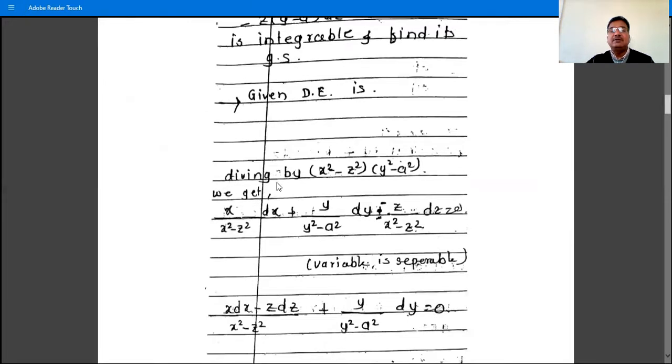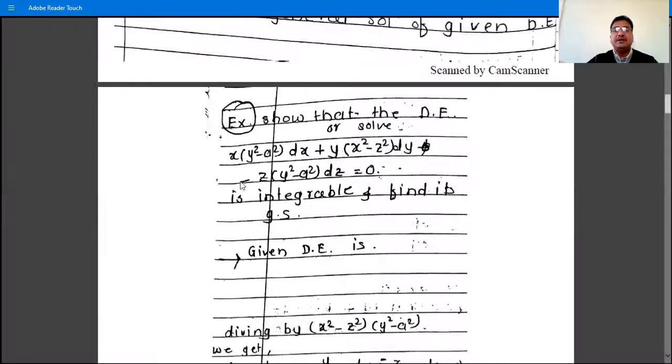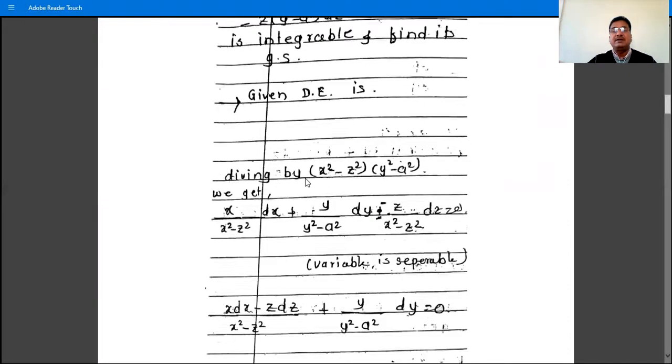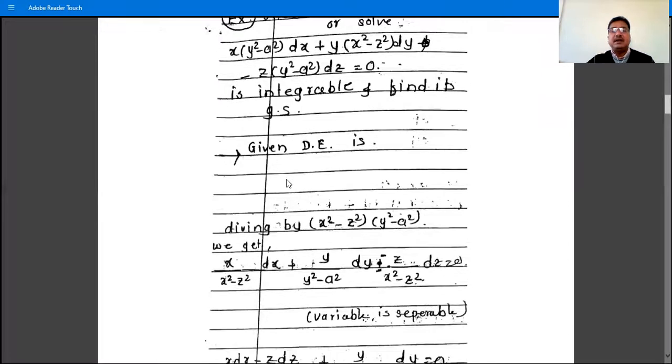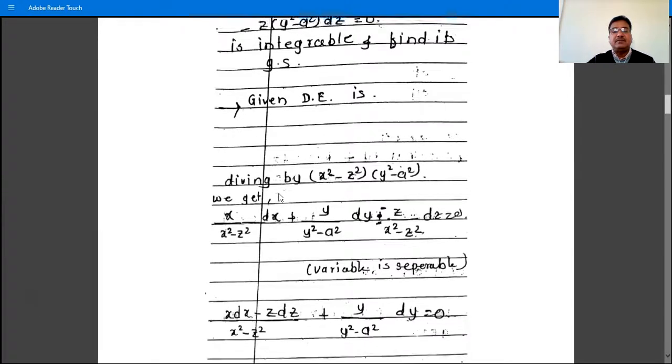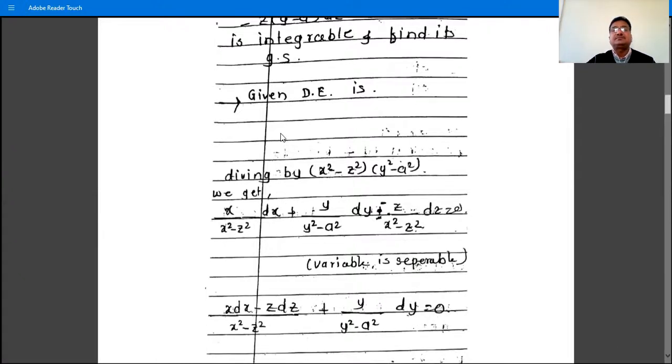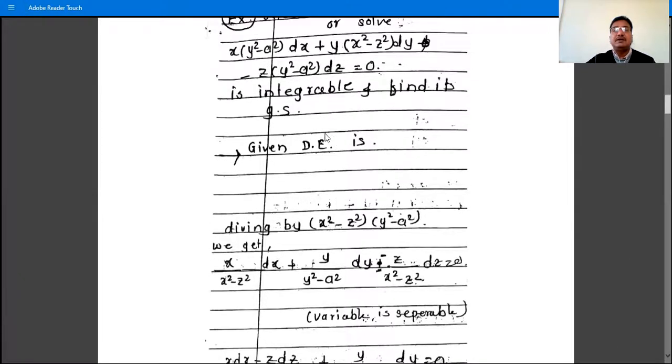So the given differential equation is a Pfaffian differential equation. Comparing with the differential equation P dx plus Q dy plus R dz, write X bar as Pi plus Qj plus Rk, and then find curl X bar, and then find X bar dot curl X bar. It is equal to 0, and therefore the given differential equation is integrable.